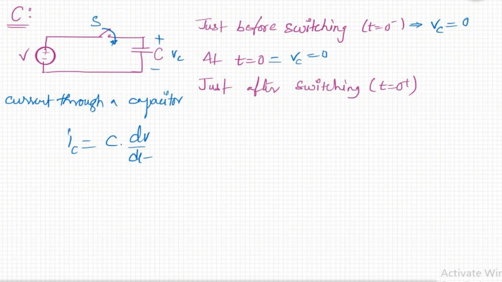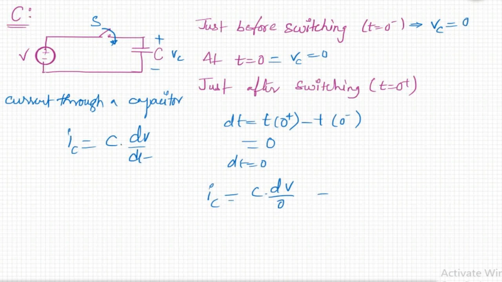Here dt is, as we already know, t of 0 plus minus t of 0 minus, which is almost equal to 0. So dt equal to 0 here. IC will become C into dV by 0. So IC has to be infinite if the voltage across the capacitor changes just after switching on the voltage source. This is practically impossible.